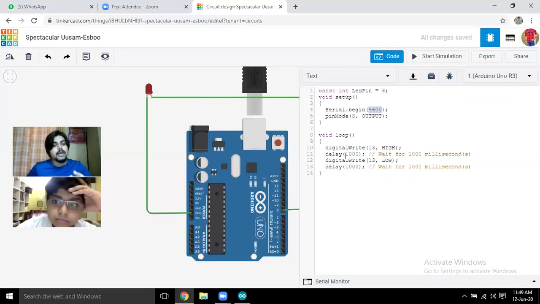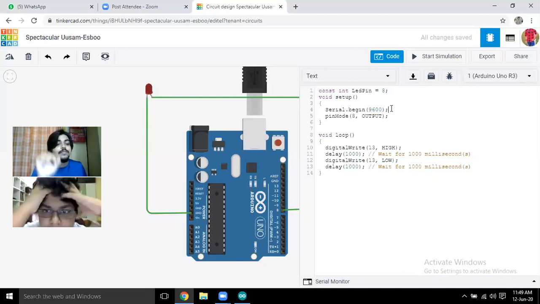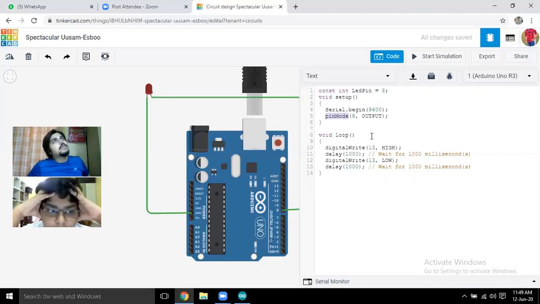Arduino is asking the serial communication to begin, and it goes on at the frequency of 9600. This is called the baud rate. And after that, pin mode is another thing. Inside pin mode, we first mention the pin number to which we are connecting, and then we mention input or output. Yes. Now, can you tell me, is an LED an input device or an output device?